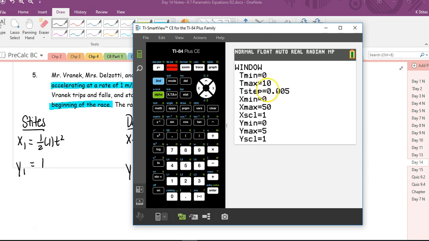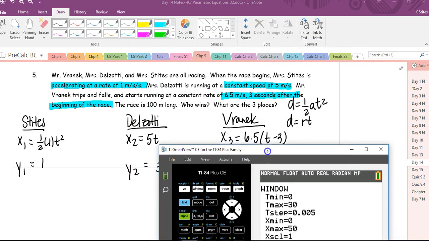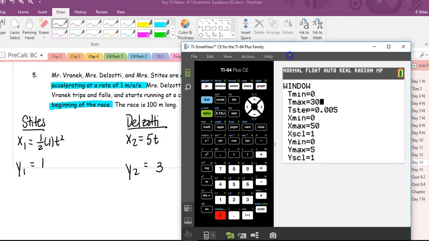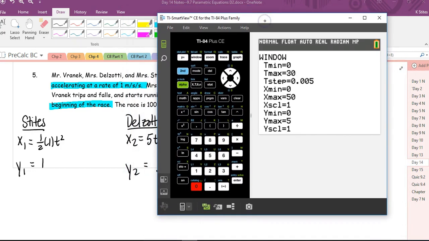Let's see. Because I have done this problem before, I'm going to make our Tmax 30. I just know that we will get to the 100 meters in that time. T-step will keep at 0.05.